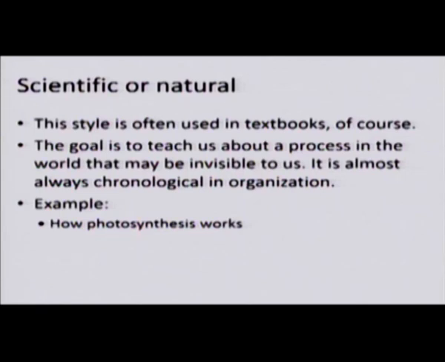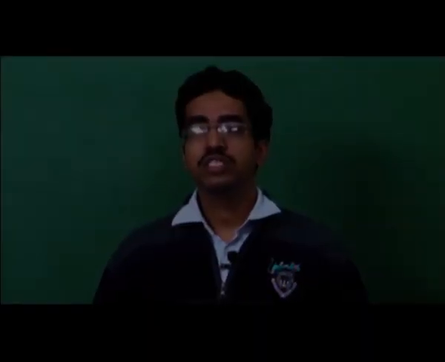So, it is almost always chronological in organization. One example is how photosynthesis works. This talks about a specific scientific phenomenon, and the idea here is to make readers understand that particular process.